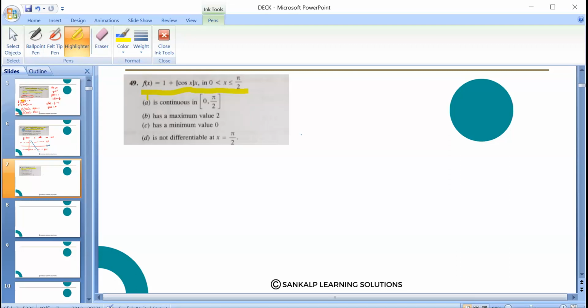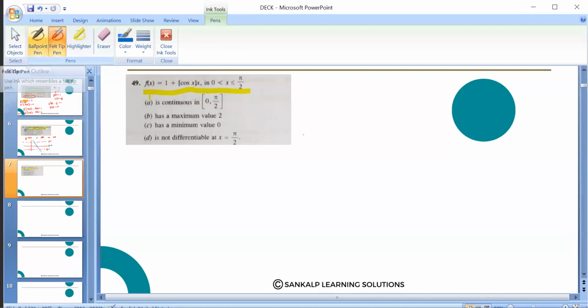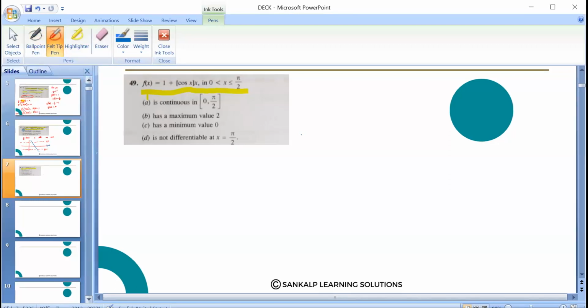X is between 0 to pi by 2. What can we tell about this function? X is between 0 and pi by 2.